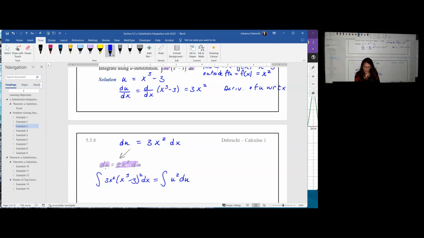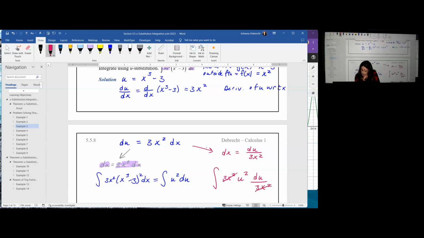Let's take a look at what it would have looked like if instead you had solved for dx. Solve for dx, you'll have du divided by 3x squared. This time, when you substitute, you will instead not have anything to substitute for the 3x squared, but you can still replace the x cubed minus 3 with u and replace the dx with du divided by 3x squared.